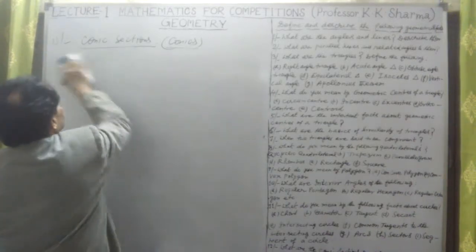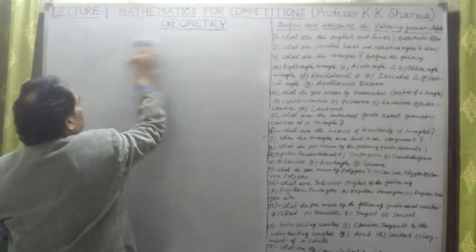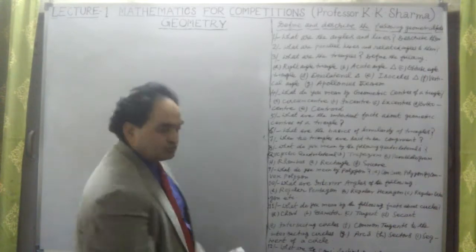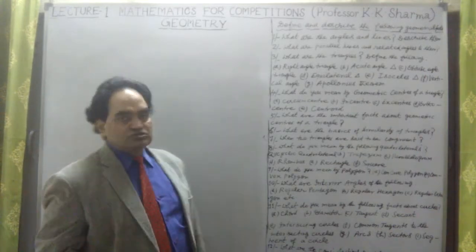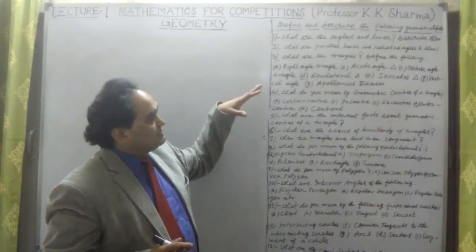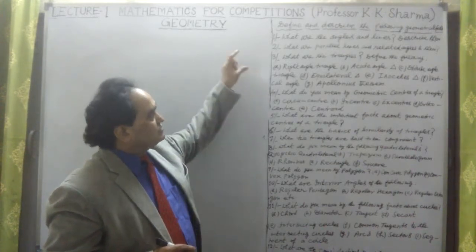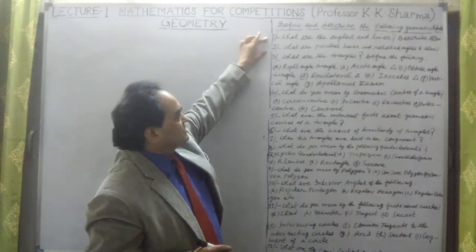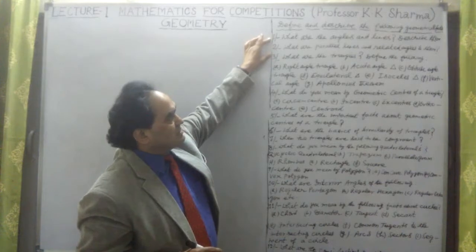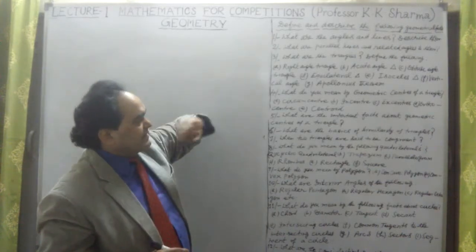Now this ends the whole conic section topic. In the next lecture series, I'll take questions based on each type. First, lines and angles. After that, parallels and related angles. These two topics are the first and second lectures: what are angles and lines, then what are parallels and related angles.